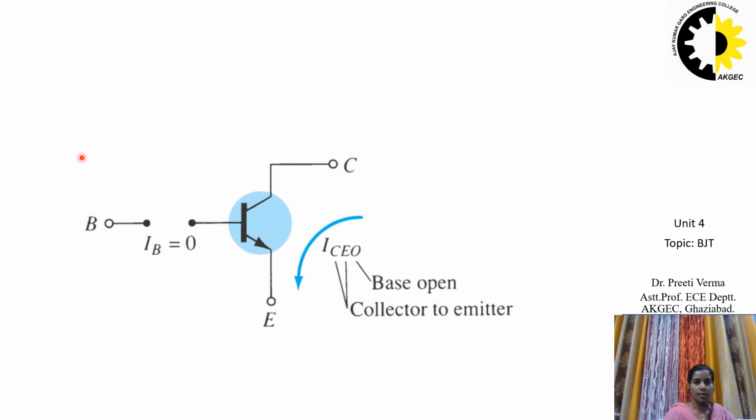Recall for the common base configuration that the input set of characteristics was approximated by a straight line equivalent that resulted in VBE equal to 0.7 volts for any level of IE greater than 0 milliampere.